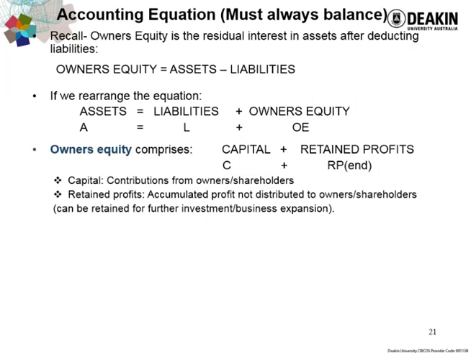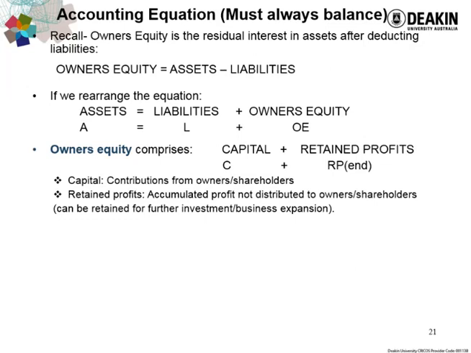And what is capital? As mentioned, capital are contributions from owners, for example, share capital. And what are retained profits? Retained profits are accumulated profits not distributed to owners or shareholders. What is the function of retained profits?